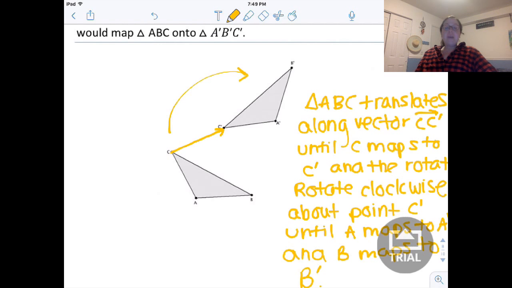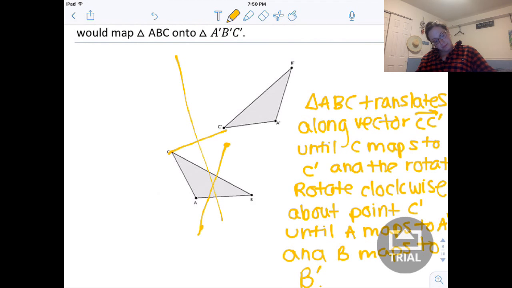But if you reflected it, let's say you did that. I'm just going to erase these for a second. Maybe you reflect this so it goes over some line in the middle of C and C prime, right? So you could construct the line of reflection by connecting those and bisecting it. And A prime would map to over here, and B prime would map to over here.